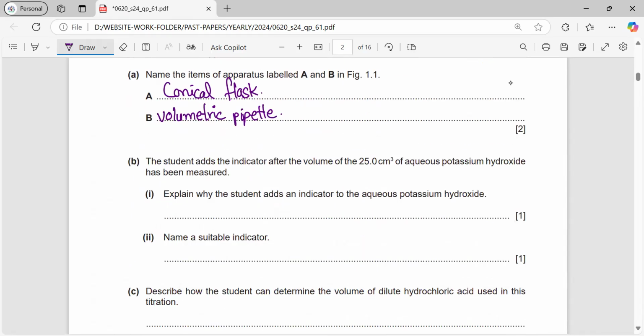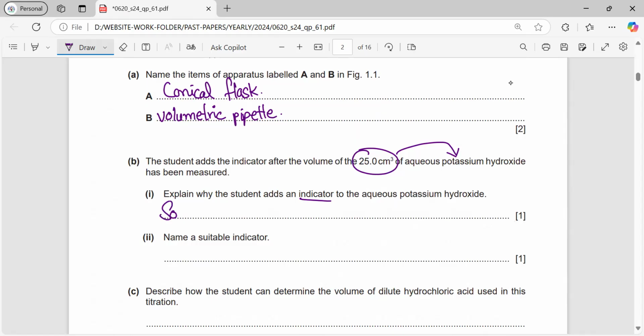Next part, the student adds the indicator after the volume of the 25 centimeter cube of aqueous potassium hydroxide has been measured. Explain why the student adds an indicator to the aqueous potassium hydroxide. So why do we add indicator solution? As I said before, the indicator indicates when the solution turns neutral by changing its color.